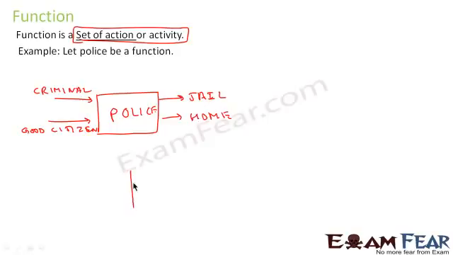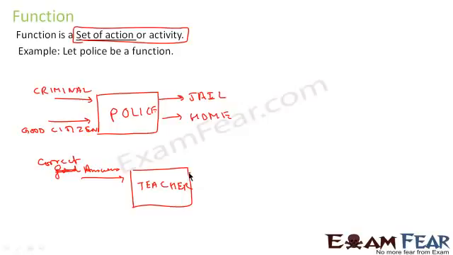Similarly, let's take one more example which is relevant to you, because you are not interacting with police much. Let's suppose we have a teacher. Teacher is a function. In the exam, if you give a good answer, or a correct answer, the teacher gives you a good score.